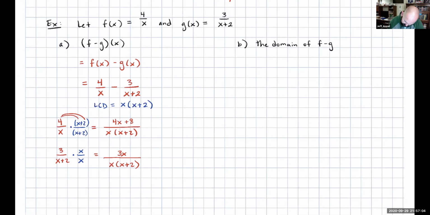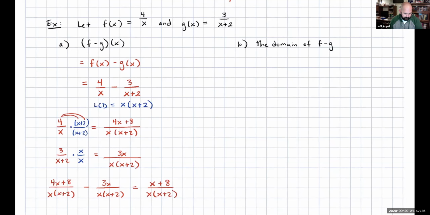So we're going to have 4x plus 8 over x times x plus 2, minus 3x over x times x plus 2. And what is this going to be equal to? Well, if we subtract, we have 4x take away 3x, so that's 1x, and there's still a plus 8. And then we have this over our denominator of x times x plus 2.